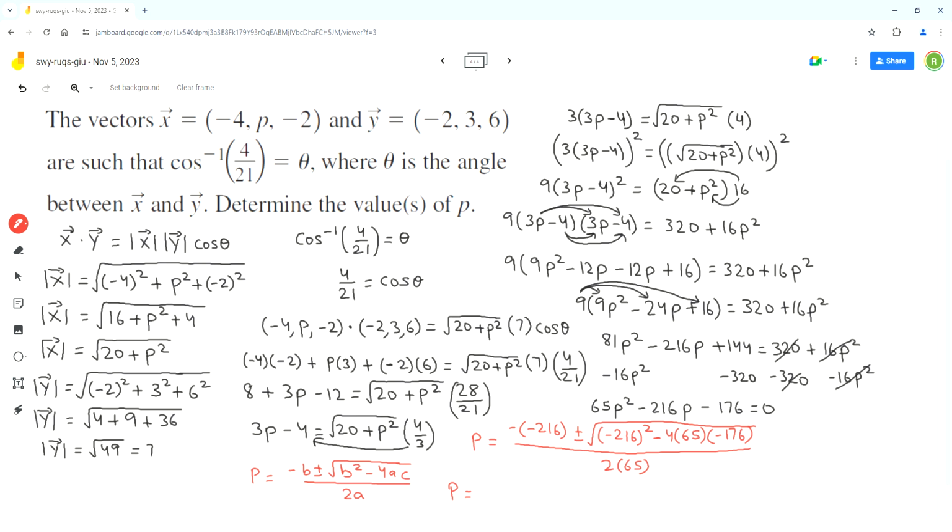Now we can simplify this expression. So minus negative 216 is positive 216.